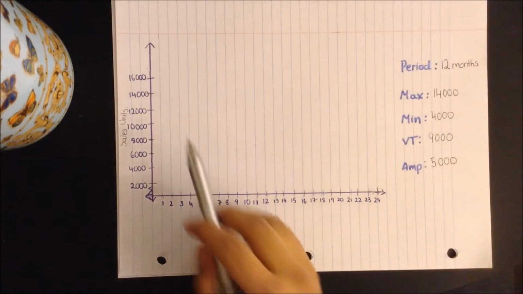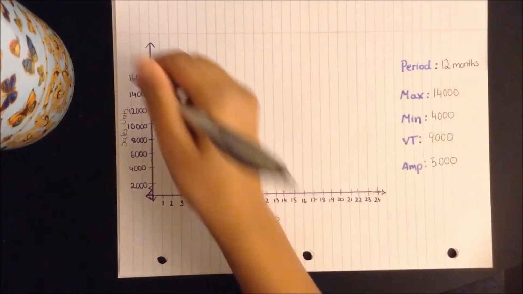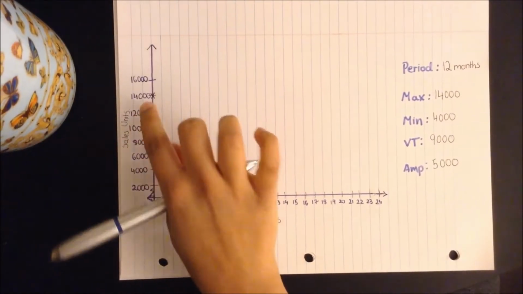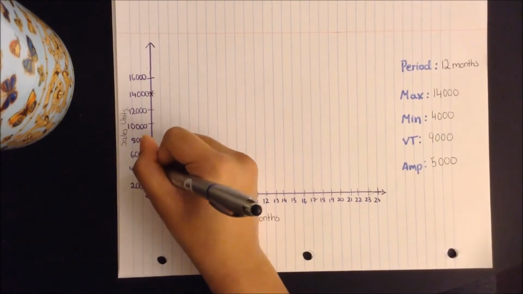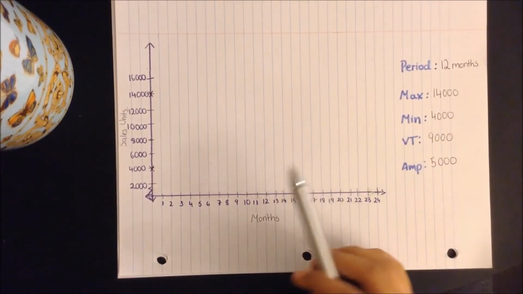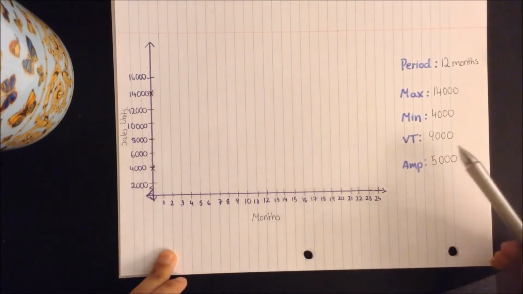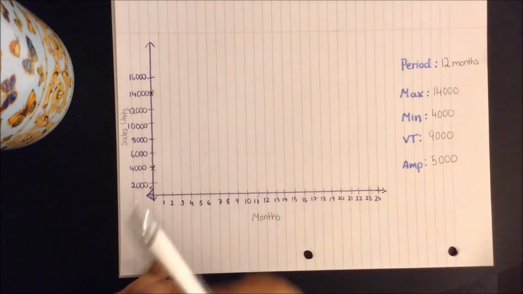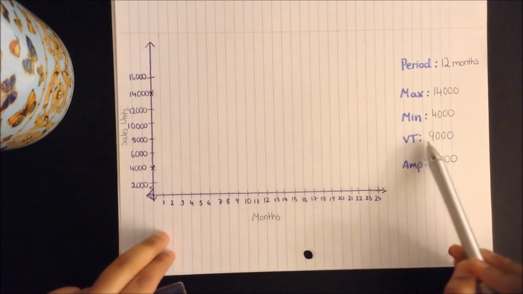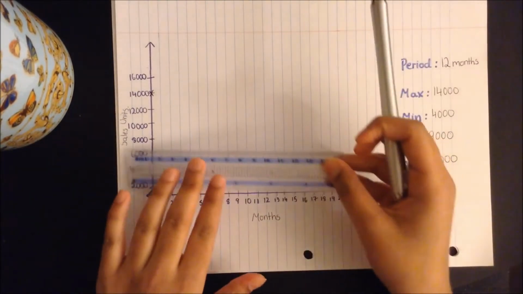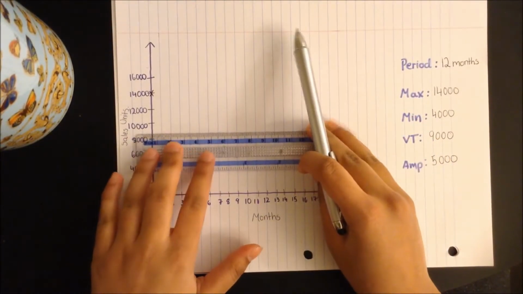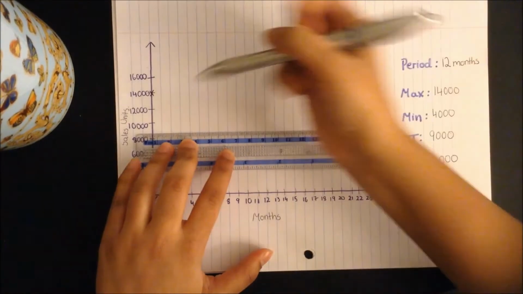So after we know all of this information, we can start by plotting our points. Our max is at 14,000 and we know our min is at 4,000. We also know our amplitude is 5,000, which means to find our midpoint, we need to add 14,000 plus 5,000, which is 9,000, and same thing, 14,000 minus 5,000 is also 9,000.